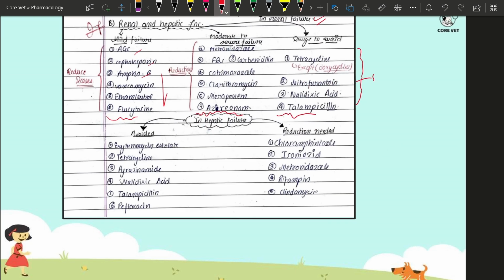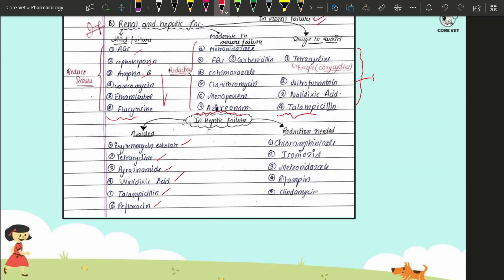So which drug should you reduce and which drug should be avoided? Whenever the patient history is with liver damage or liver failure, the drugs which you should avoid are erythromycin, tetracycline, pyrazinamide, nalidixic acid, telampicillin, and pefloxacin.